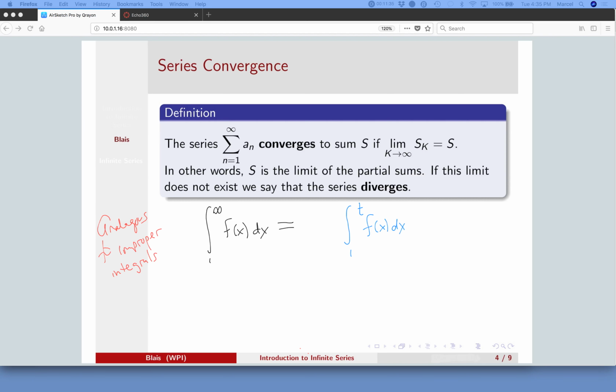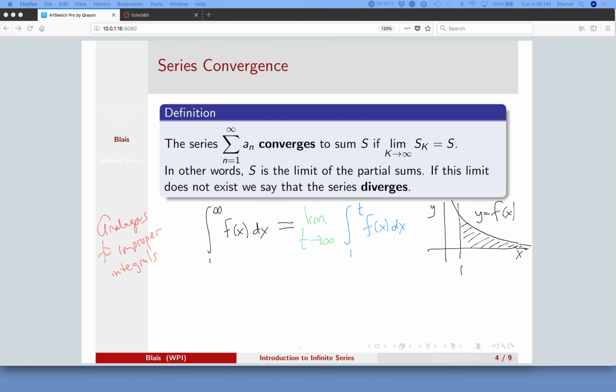Then we noted that we could send t on its way. So the picture for this: you had your f of x, and we were interested in the area below the curve, a non-negative function f of x on the interval 1 to infinity.